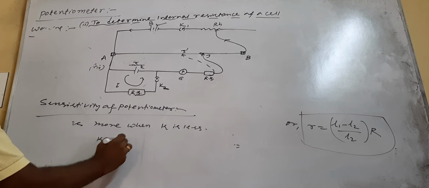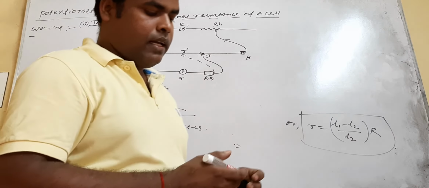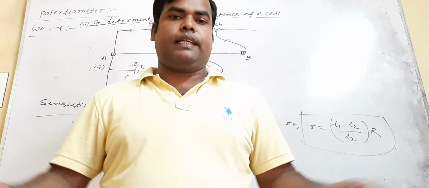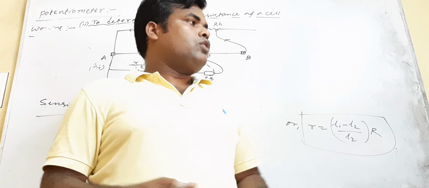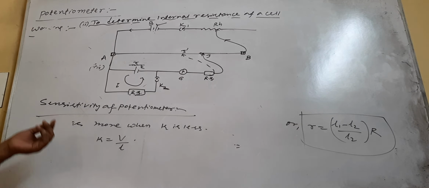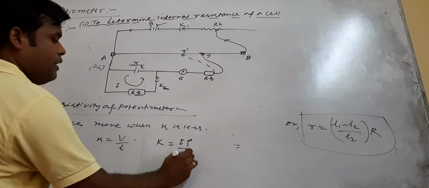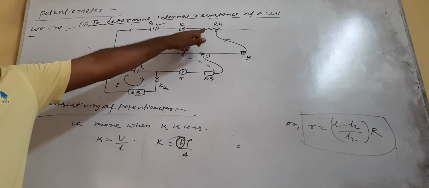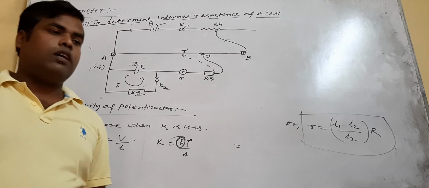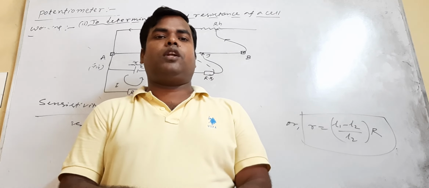Potential gradient, you know, is V by L. That's why we take a potentiometer wire of more length, that is 10 meter long. Also you can increase the sensitivity, since K is equal to I rho by A, by decreasing current in the auxiliary circuit, which means by increasing resistance in the auxiliary circuit. This completes your chapter number 3.